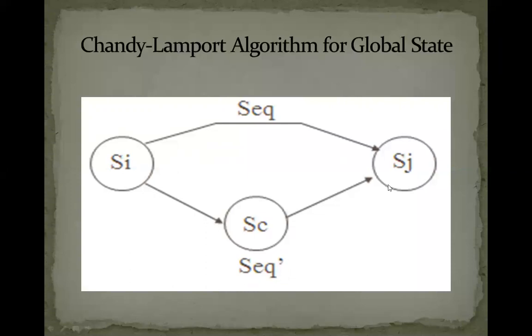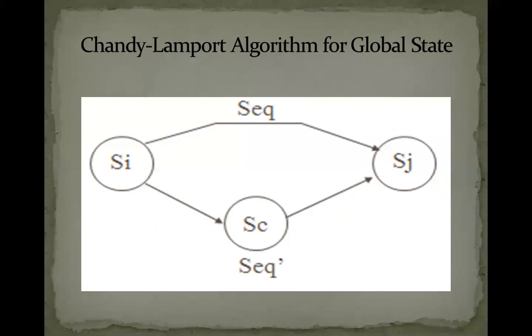As far as the usefulness of the recorded global state is concerned, it lies in the ability to detect stable properties. You might have gone through this in operating systems: a stable property is, for example, starting a process and terminating a process.